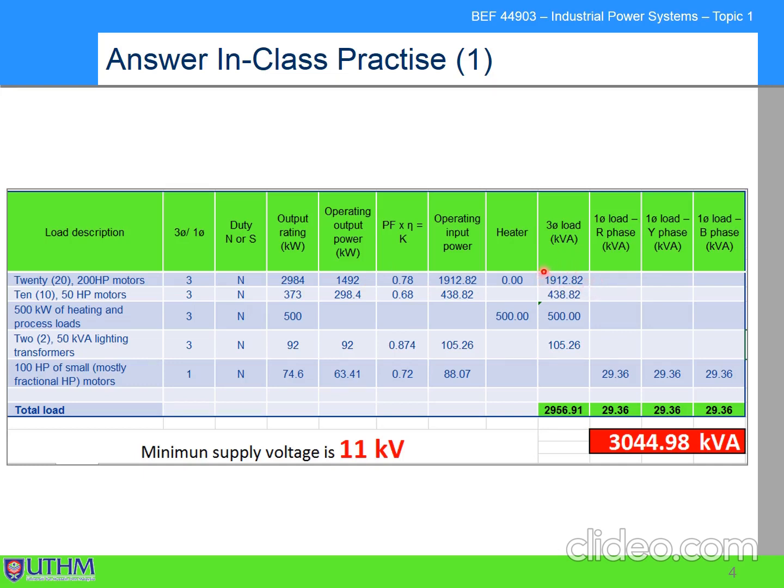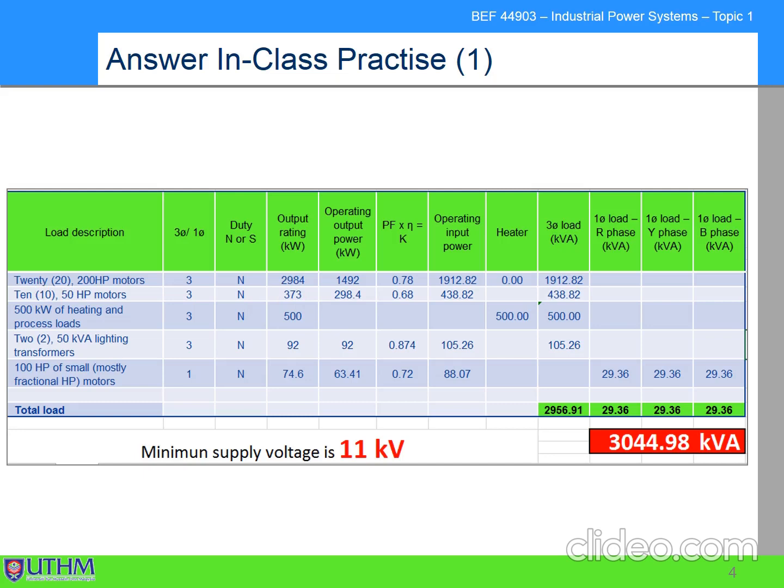So we get the value in kVA for 3 phase. Next we go to the second load. For this load, 50 horsepower, 10 units. We have to multiply with 746 to get the kilowatt, and then multiply with 10 to get the output rating here.